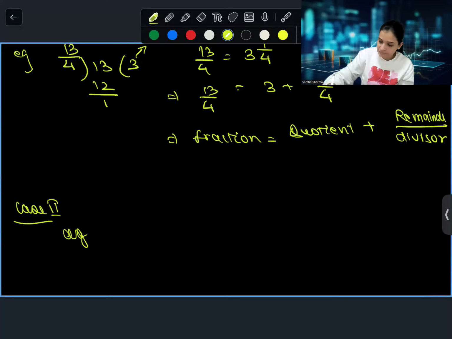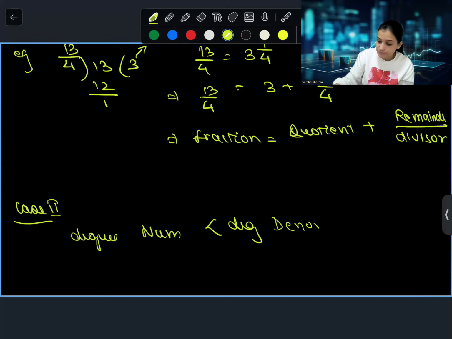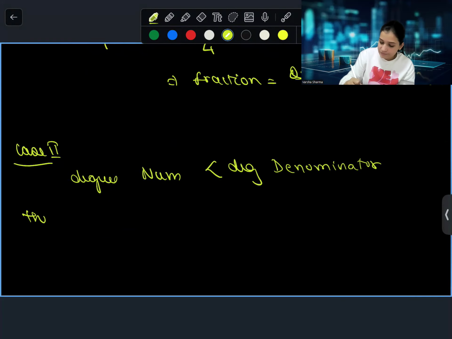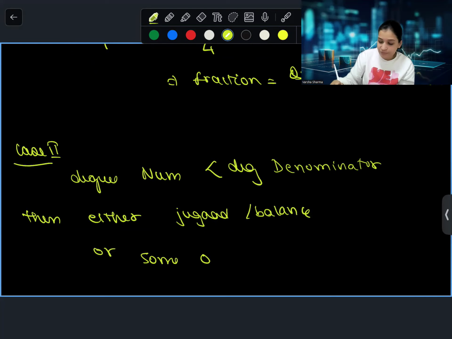Case 2, if the degree of numerator is smaller, then either jugaad, that is balance, or some other type. Later on we are going to study that.